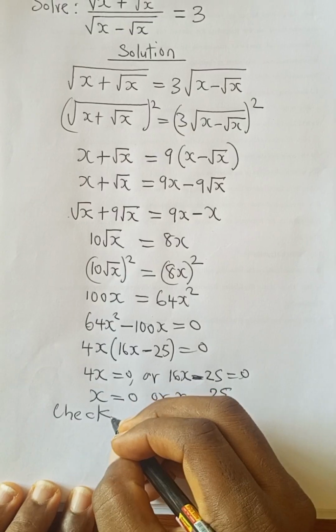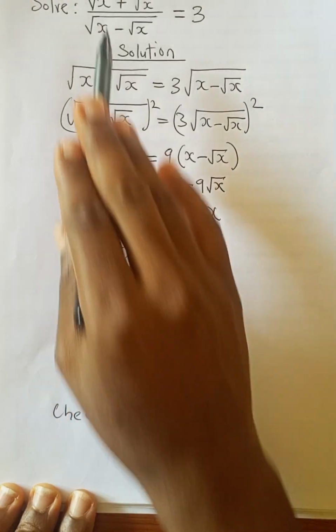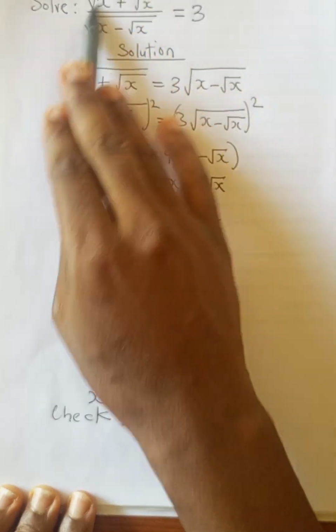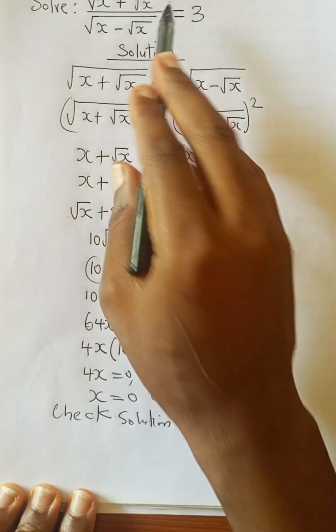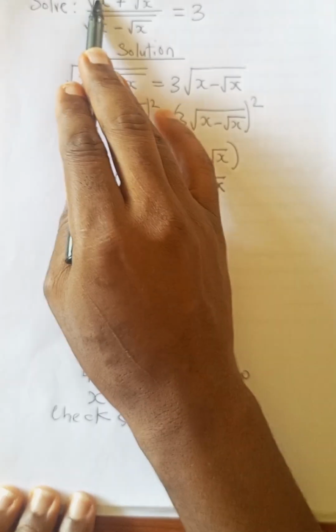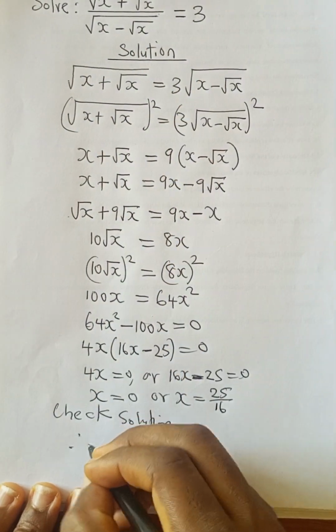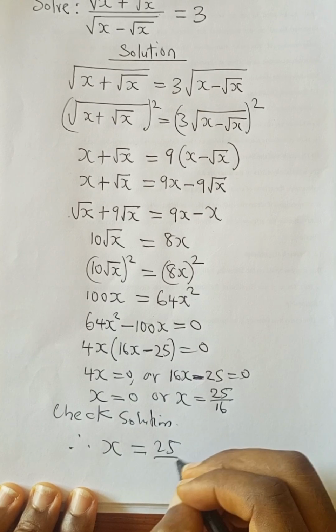Check solution. Very important. If you put 0 here, here, and here, can you get 3? No. 0 is not a solution to this equation. If you put 25 over 16 into these values here, you are going to get 3. So therefore, we conclude that x equals 25 over 16.